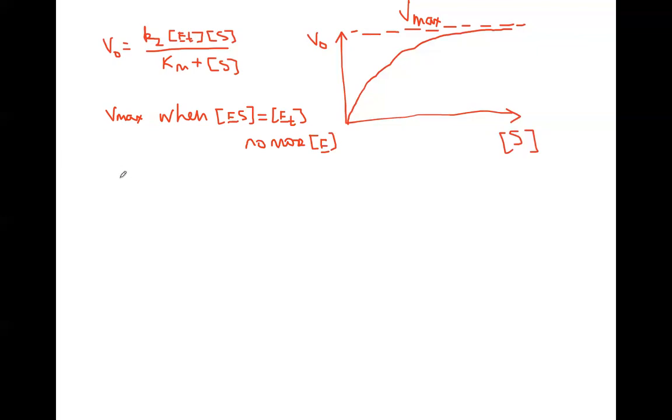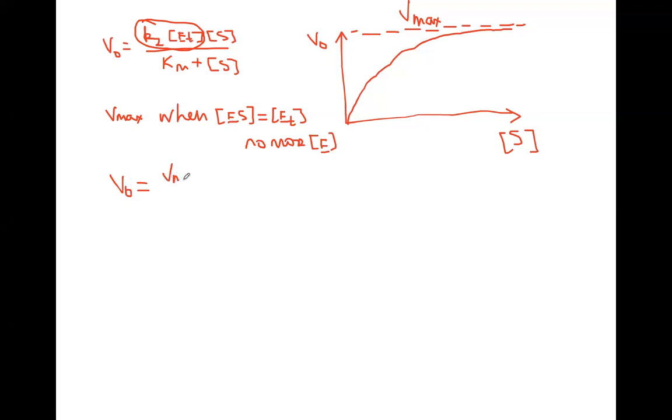And when this happens, we can substitute here and say that Vmax is achieved when the enzyme substrate concentration equals the enzyme total.